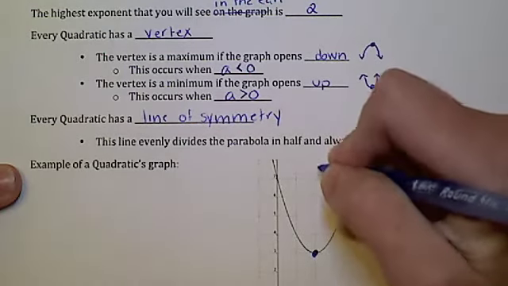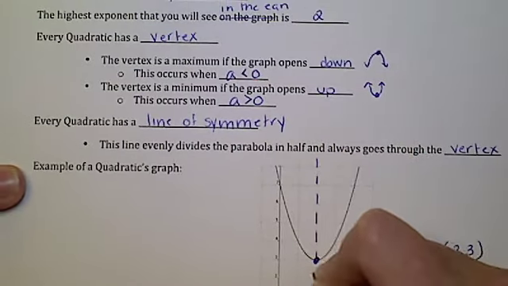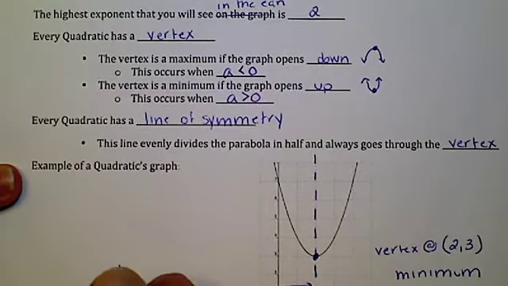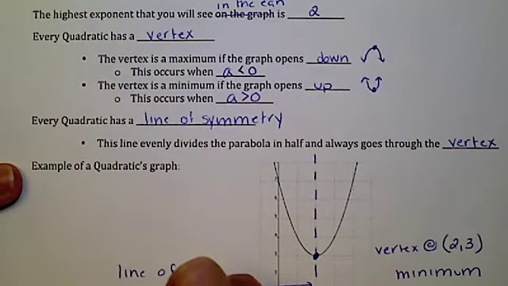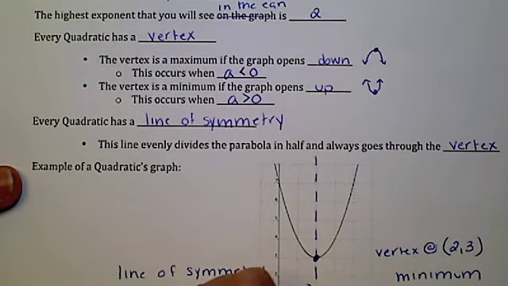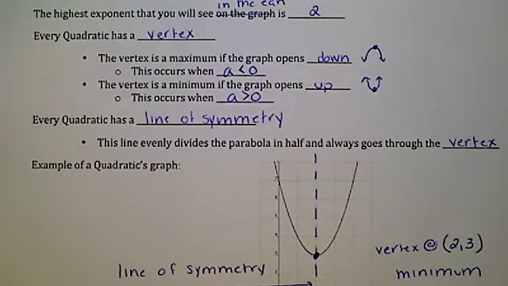But my line of symmetry, I'll just do a dashed line here, goes through that point. So the equation for my line of symmetry, the line of symmetry is right there. The equation for that would be x equals 2, because it's a vertical line. Okay. So those are your basic characteristics of quadratics.